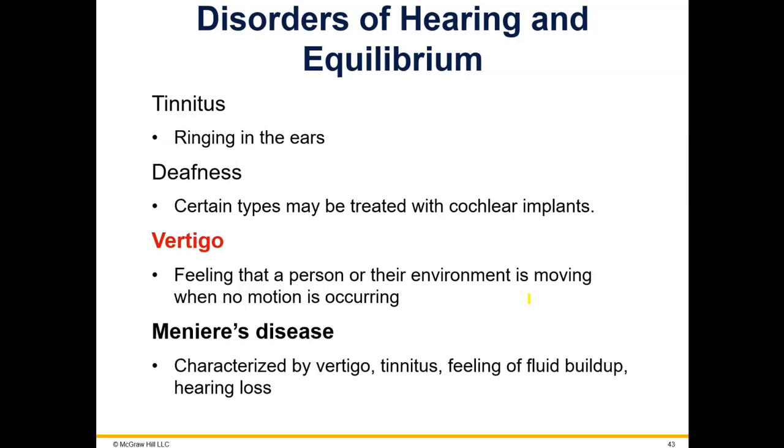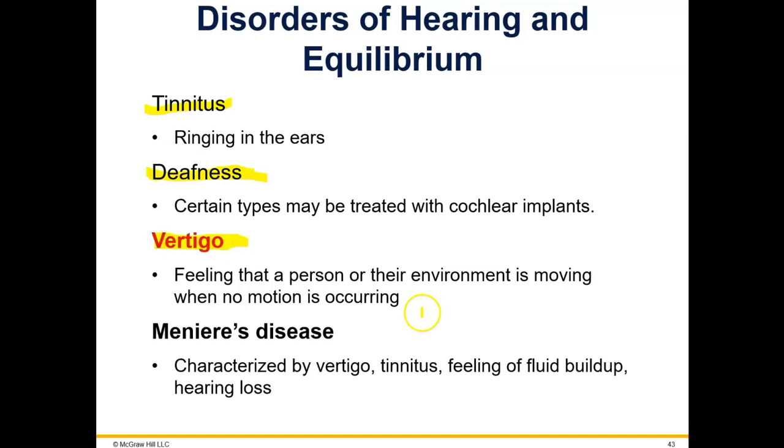So disorders of hearing and equilibrium: you can have tinnitus, which is ringing in the ears. You can have deafness. Certain types of deafness can be treated with cochlear implants and certain types cannot, and there are different degrees of deafness, total and partial. You can have vertigo, which is an equilibrium disorder.